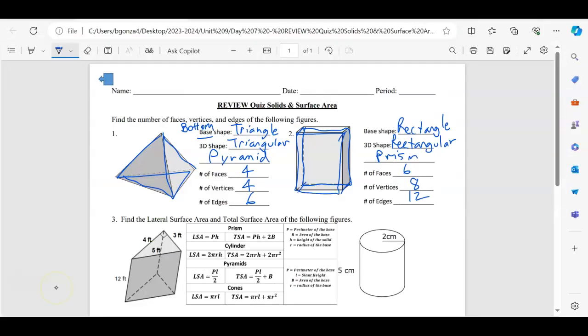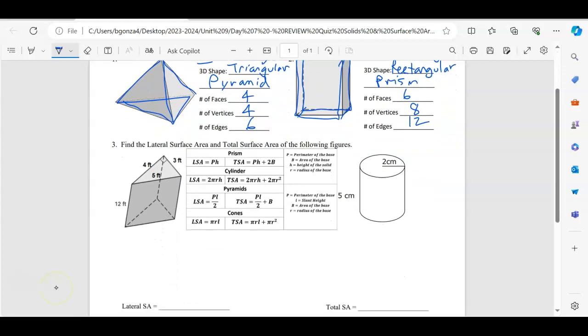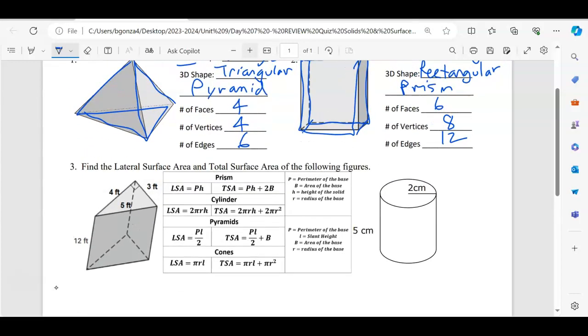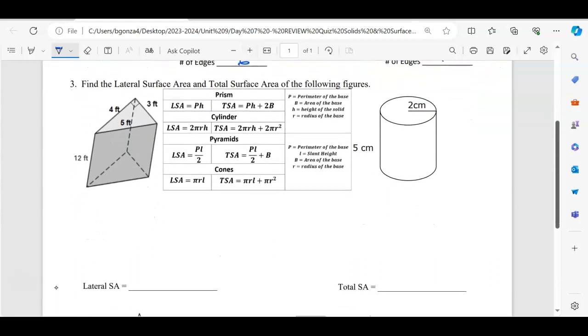All right, so I put the formulas on here big so we could see them. Number one. So this says lateral surface area. Okay. And then this is a prism. So I'm going to do lateral surface area of a prism. I need P and I need H. So check it out.